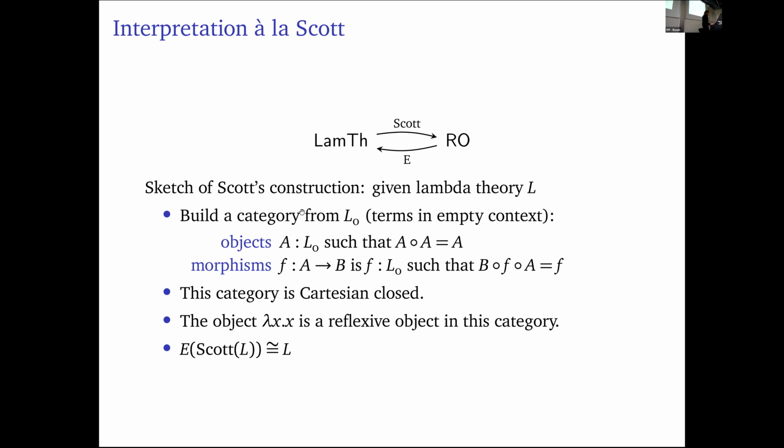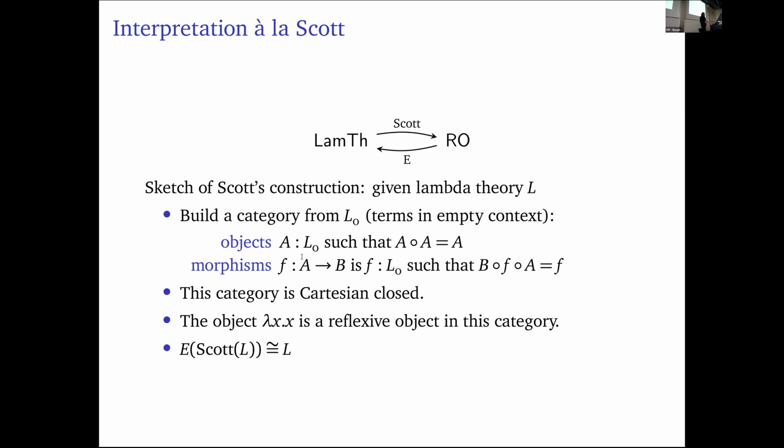He starts building a category from the terms in empty context. So the objects in this category are terms A, such that A composed with A is the same as A, so idempotent terms. And the morphisms from A to B in this category are, again, terms in L0, so terms with no free variables, such that B composed with F composed with A is equal to F. The resulting category is Cartesian closed.